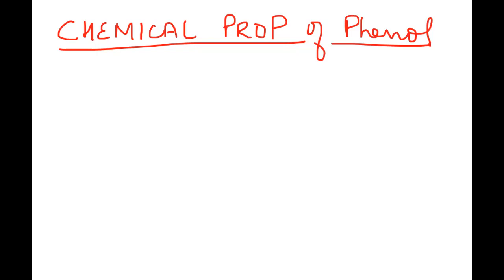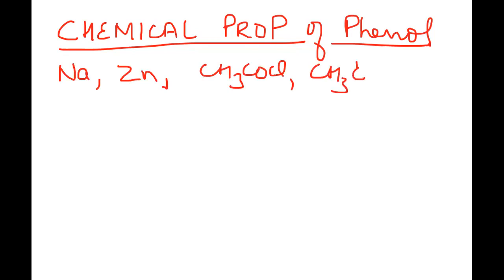I think the reactions that are mentioned are with sodium, with zinc, with RCOCl, with acetic anhydride. So you have to do reactions with sodium, with zinc, and with acetyl chloride, that is CH3COCl. You also have to do reactions with acetic anhydride, (CH3CO)2O.